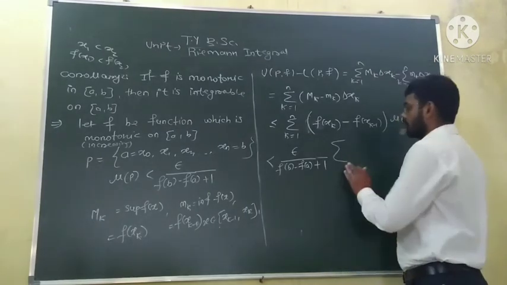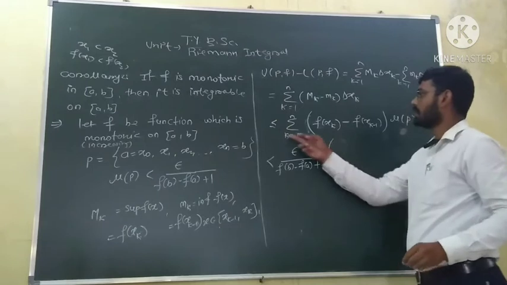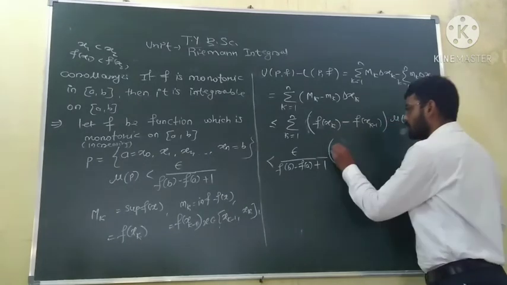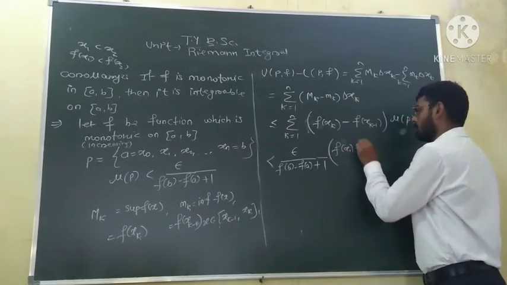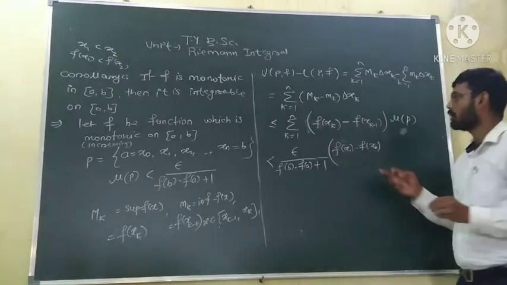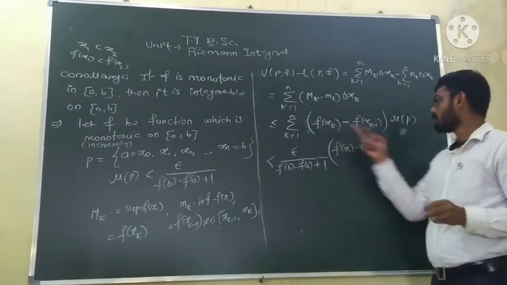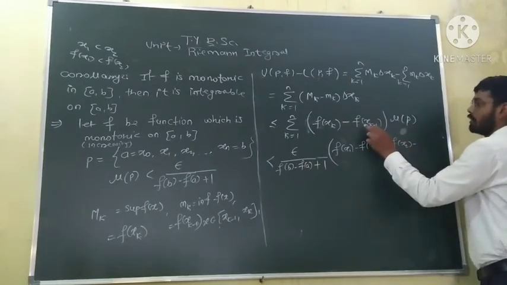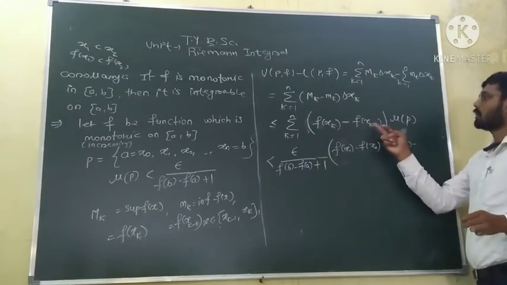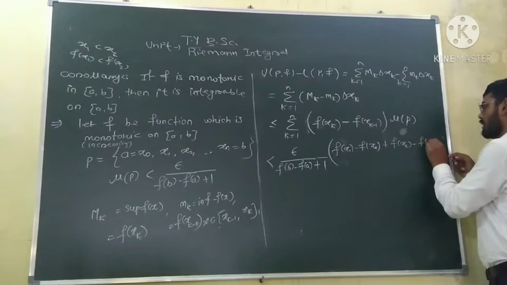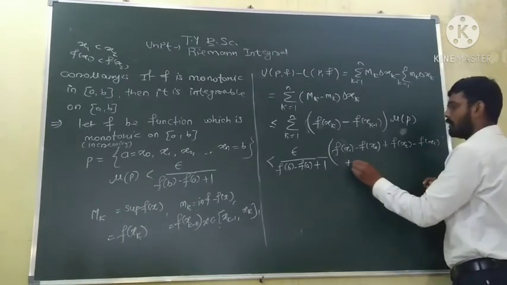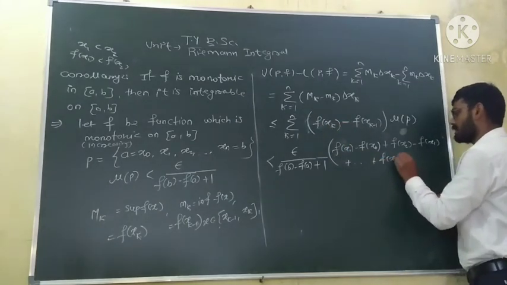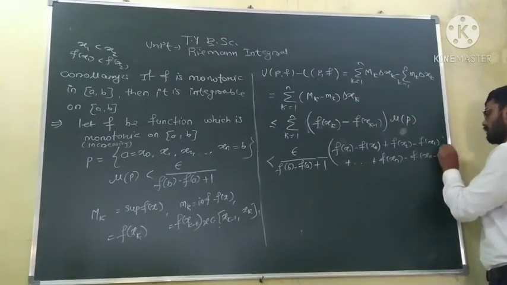First put k equals 1, we get f of x1 minus f of x0. Then put k equals 2, we get f of x2 minus f of x1. Continue so on, and at last put k equals n, we get f of xn minus f of xn minus 1.